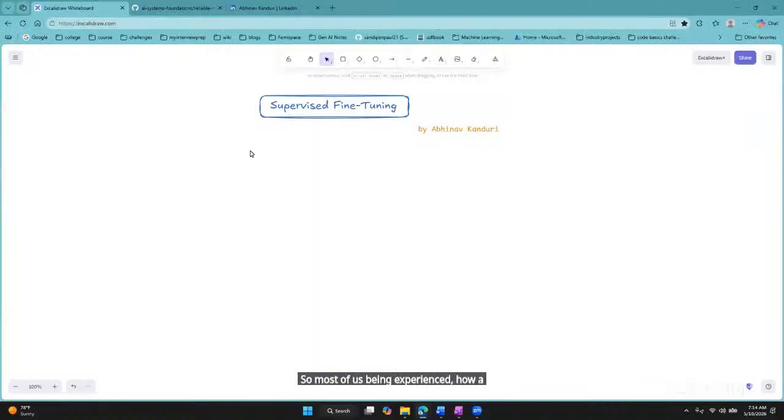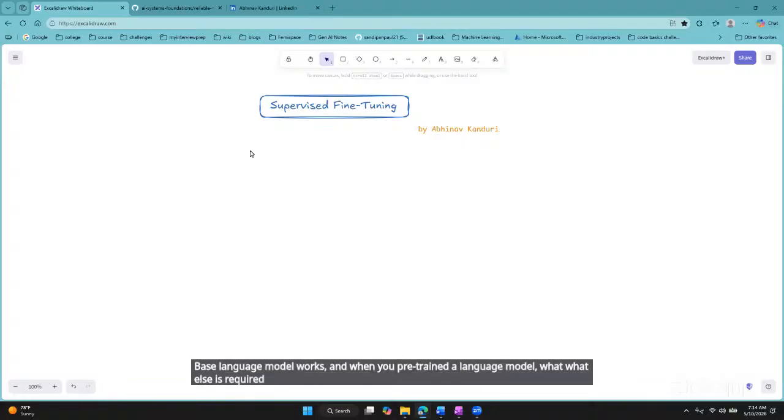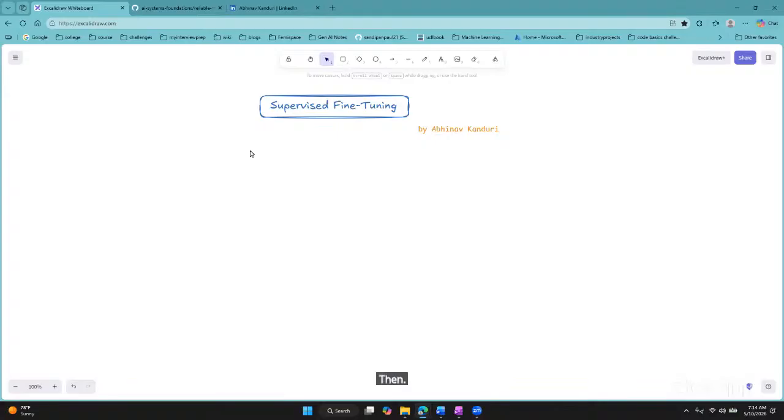How a base language model works, and when you pre-train a language model, what else is required to bring it to a high quality with few examples, and what is the important role of supervised fine tuning. Then we'll cover the ways we can achieve a high quality response from a language model.